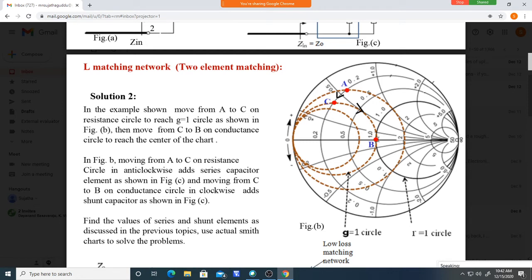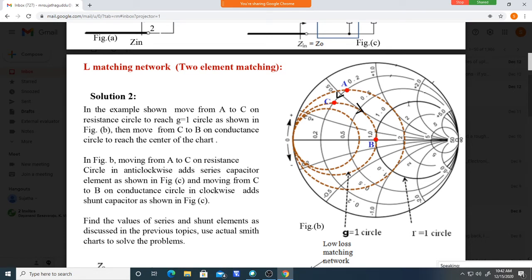You should not move over a susceptance circle or reactance circle. You should move only on the resistance circle and conductance circle. So from here you reach this point. If you are on the R equals 1 circle or G equals 1 circle, you can reach this point.